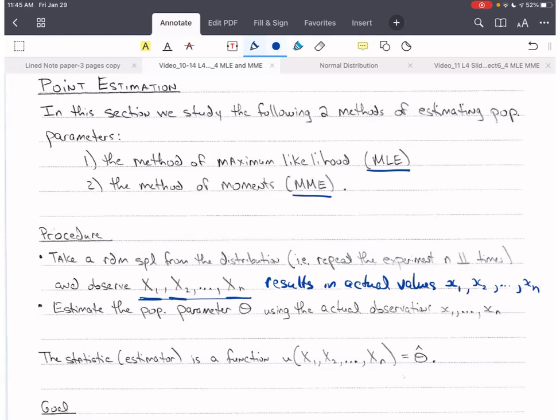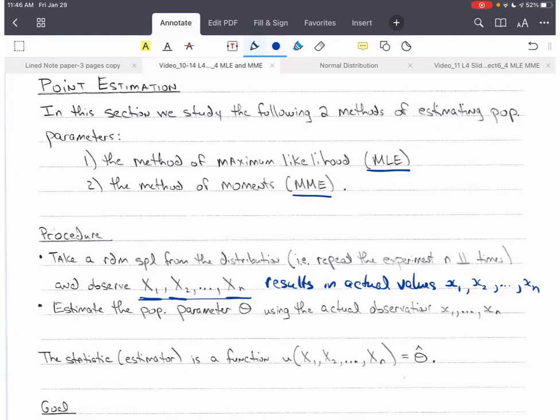Okay? The other way that we can look at this is we can say that we're going to repeat an experiment n independent times. So this takes us back to things like the binomial distribution, where we have independent Bernoulli random variables, and we repeat the trial or the experiment over and over again.